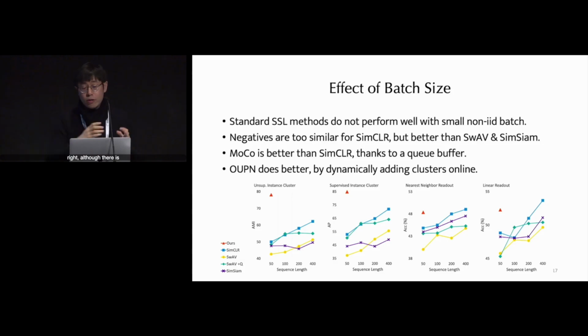Although there is the concern that negatives are too similar for SimCLR, it turns out it's still better than SwAV and SimSiam. And for MoCo, we also tested later, and it does better than SimCLR because it has a queue buffer of representations that allows it to store more things from the older context. And our unsupervised proto-nets does better, and our hypothesis is that it can dynamically create clusters online, so you don't have to be subject to the constraint of having equal clusters and a fixed number of clusters.